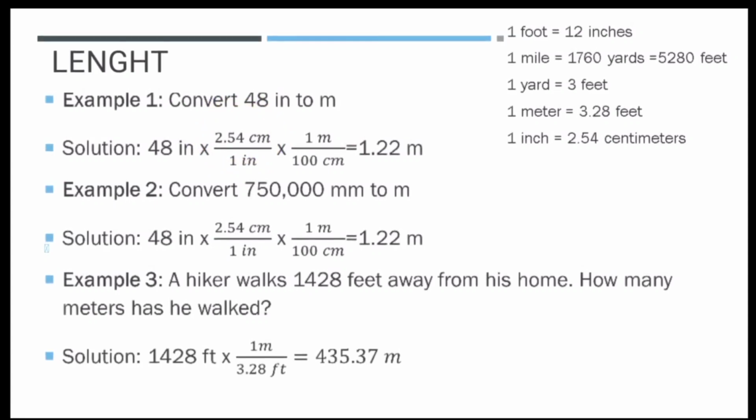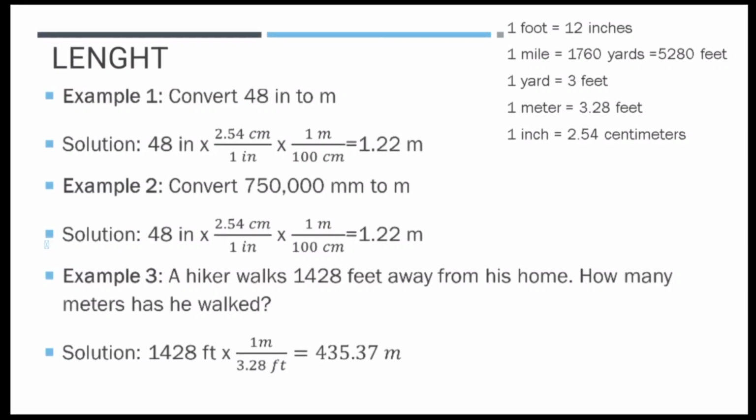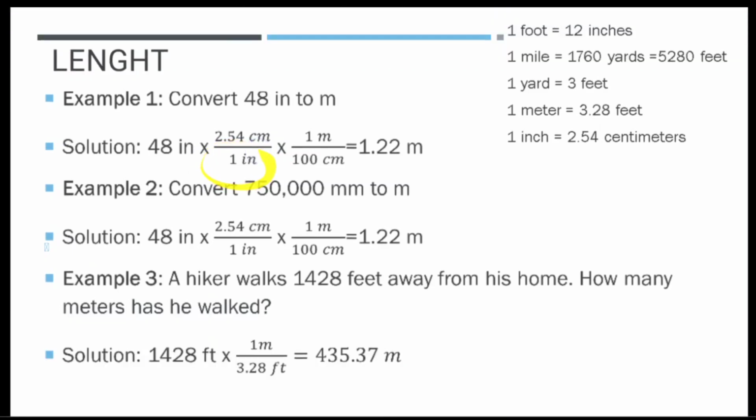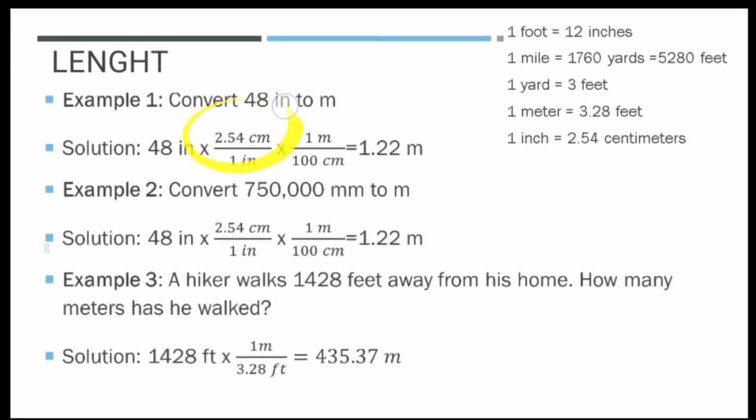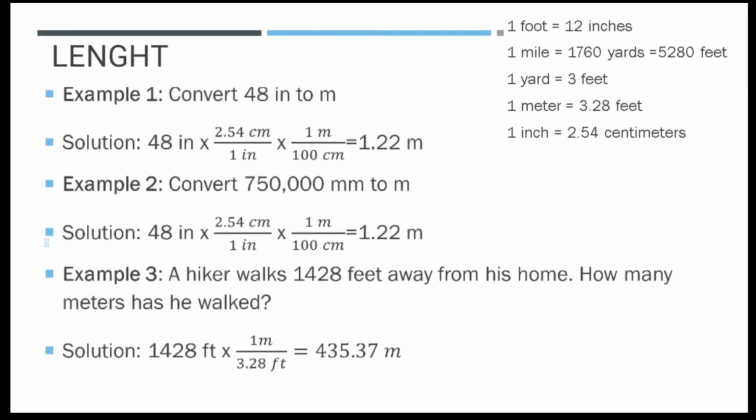So 48 inches, our denominator should be the given unit, so inches, and 1 inch is equal to 2.54 centimeter. Therefore, our numerator would be 2.54 centimeter. Okay, so in conversion factor, we always have a fraction. The denominator is the given unit, then the numerator is the equivalent of that unit.